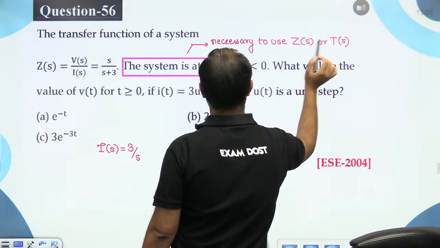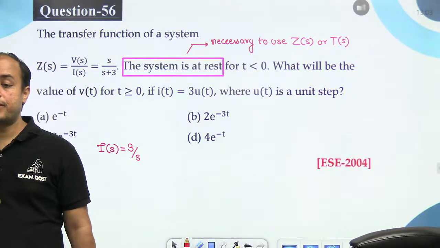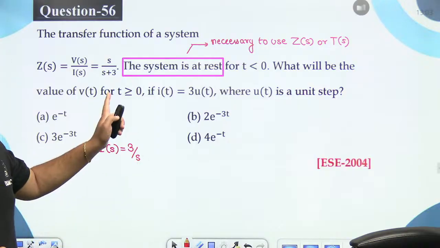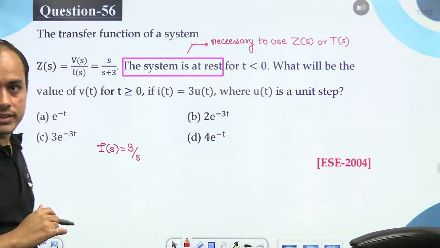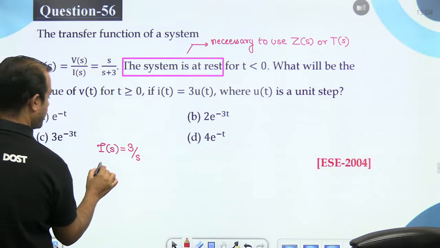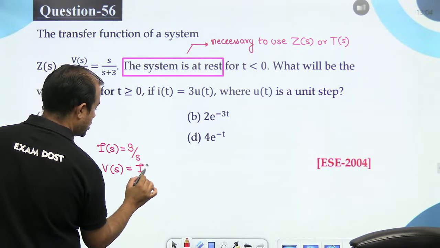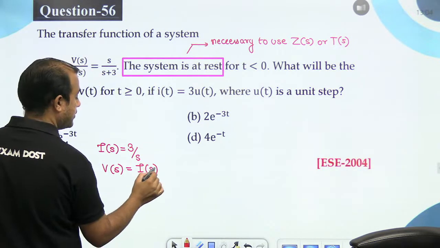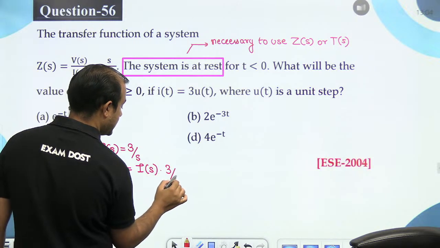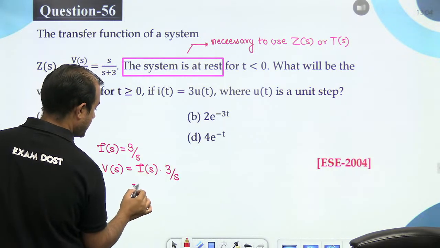Otherwise we have to go by differential equation. अगर ये condition नहीं होगी ना तो हमें differential equation से जाना पड़ेगा. Remember this. If the network is not initially at rest, then we have to go to the differential equation.